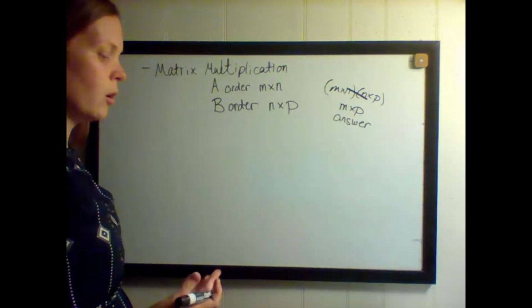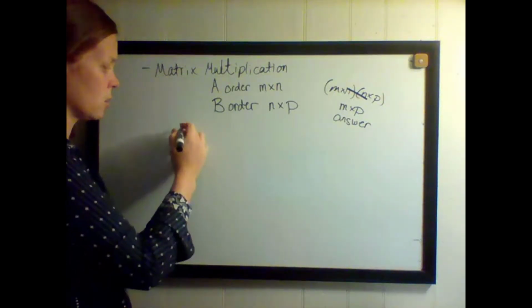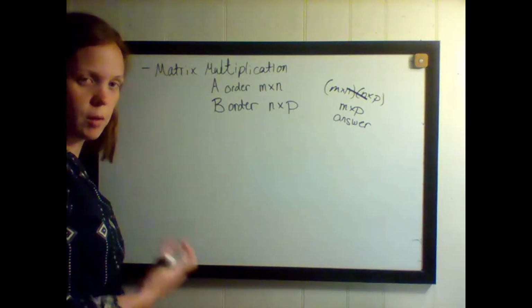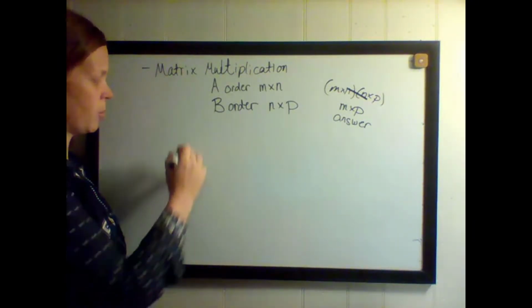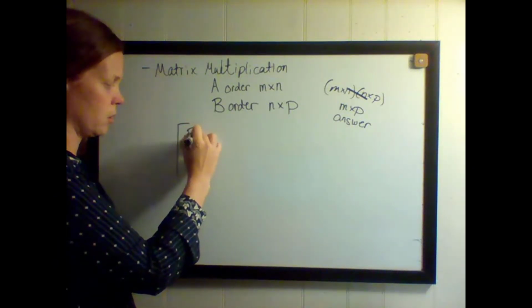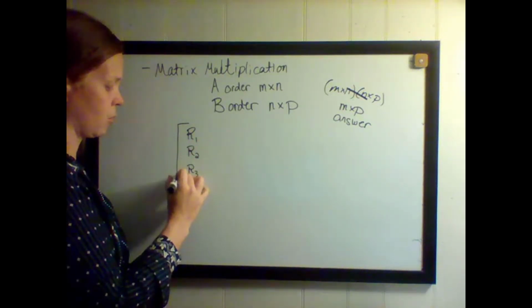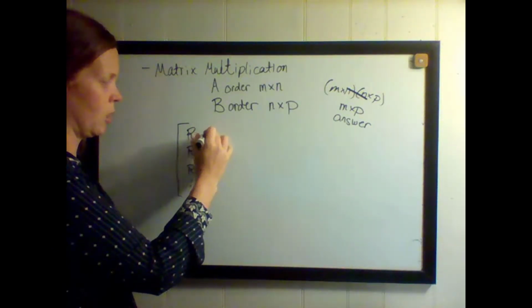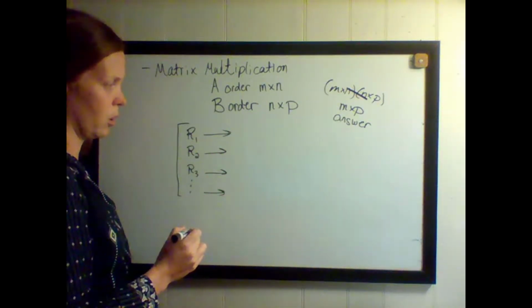I'm going to give a somewhat formula for this. There are more detailed ways to represent it, but basically, I'm going to start this off. If I have row 1, row 2, row 3, and so on, I look at my rows going this way, because we're looking at rows.